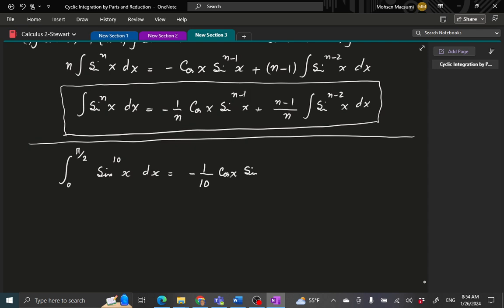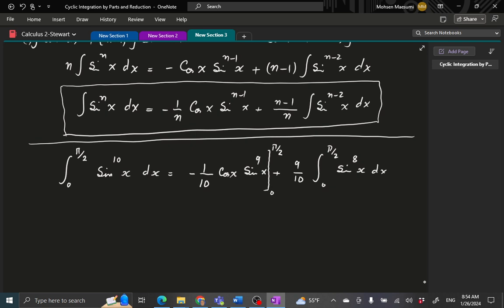Well, 10 minus 1 is 9 of x. And then again, 10 minus 1 is 9 over 10. Integral, same limits here, 0 to pi over 2, sine to the power of, whatever we had, go down 2 steps, 8 of x dx. And don't forget that this expression here is to be calculated between the same limits, 0 and pi over 2.